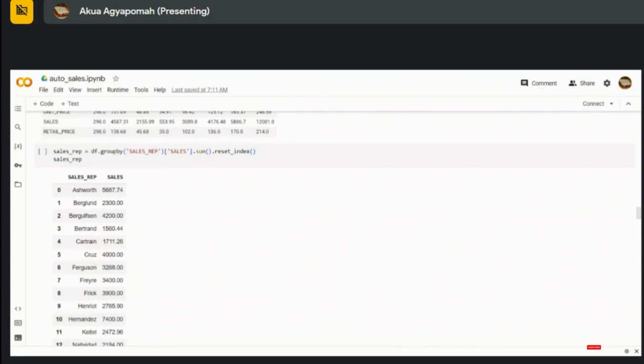I just heard the dealing with the missing data. Is it just the one process, or is there another process?